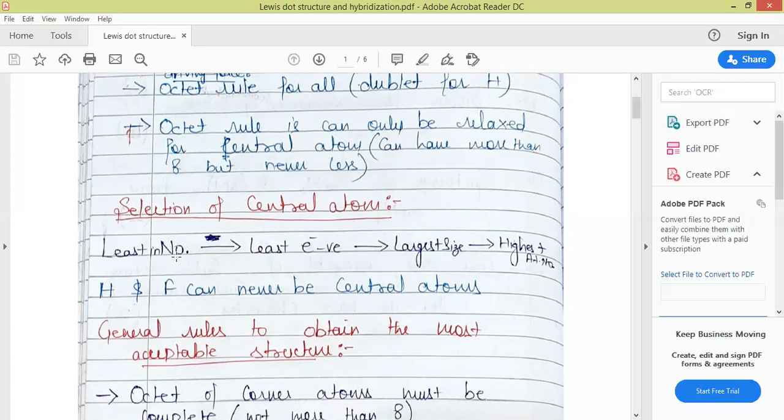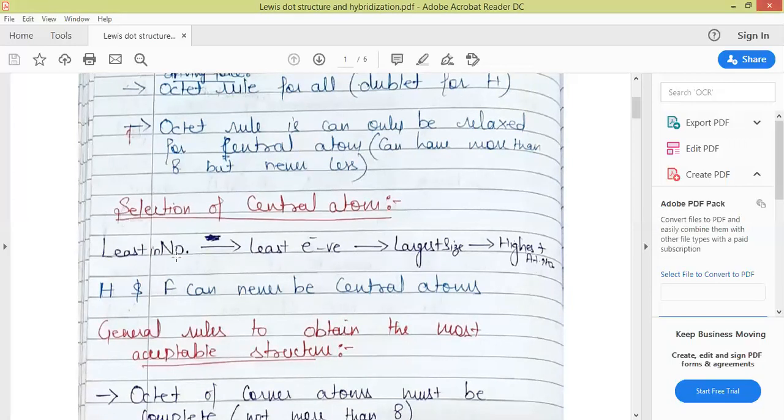If the numbers of both atoms are the same, then we have to see which element has the least electronegativity. That will serve as the central atom. Next, if this also doesn't work, then we have to see which atom has the largest size out of all the atoms present in the molecule.